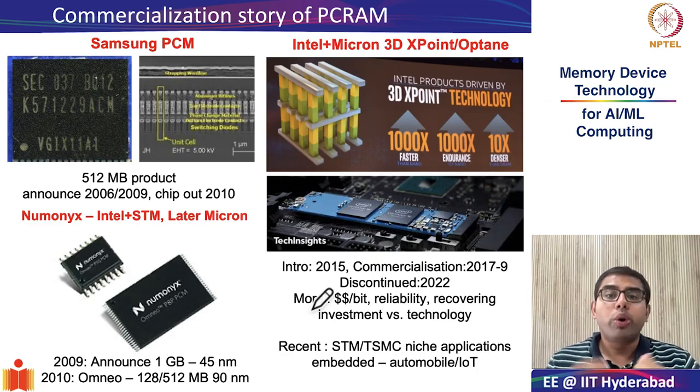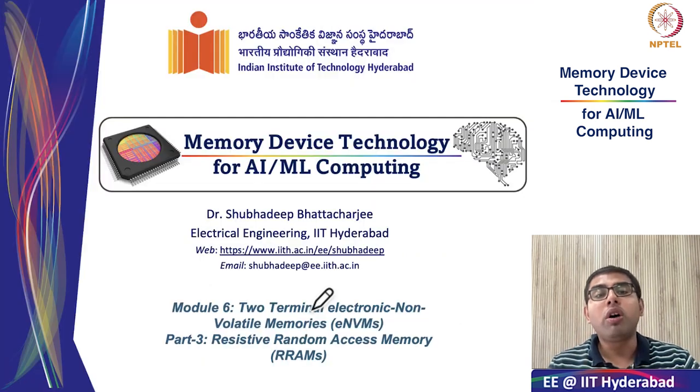Okay, so today we are going to start our third part of sixth module, which is on RRAMs, and we will spend a little bit more time in RRAMs. That is because, at least in my perspective, RRAMs are possibly the most promising candidates for commercialization, especially in the context of filling this so-called memory hole between the DRAM and your NAND flash, which is to be accommodated by storage class memories.